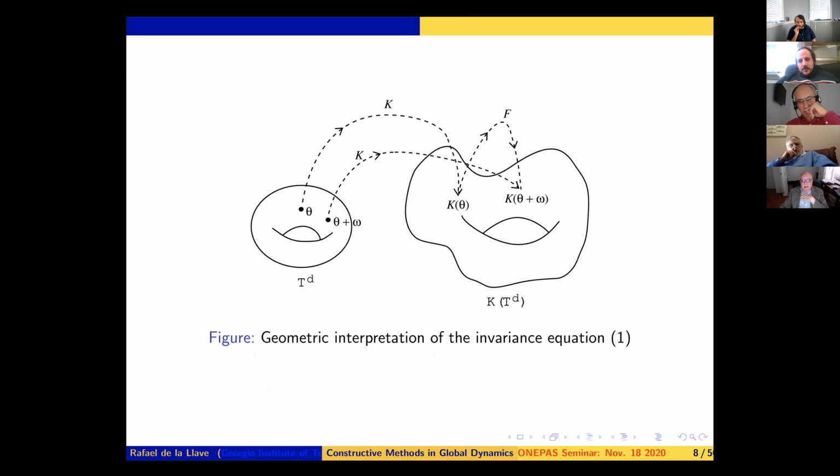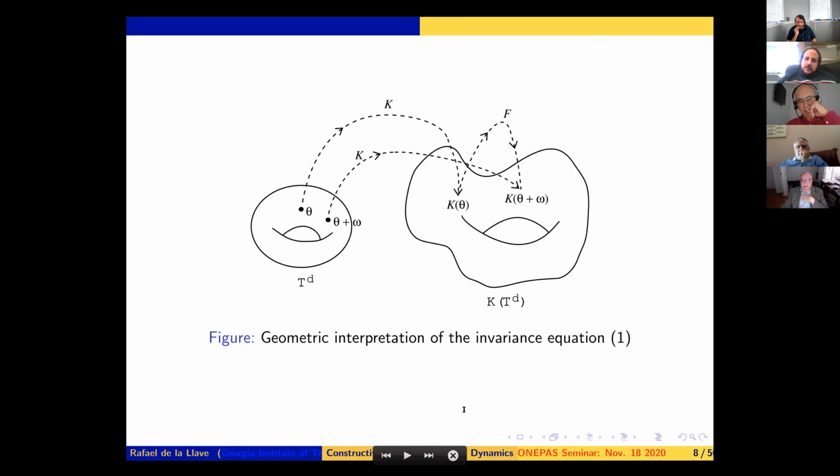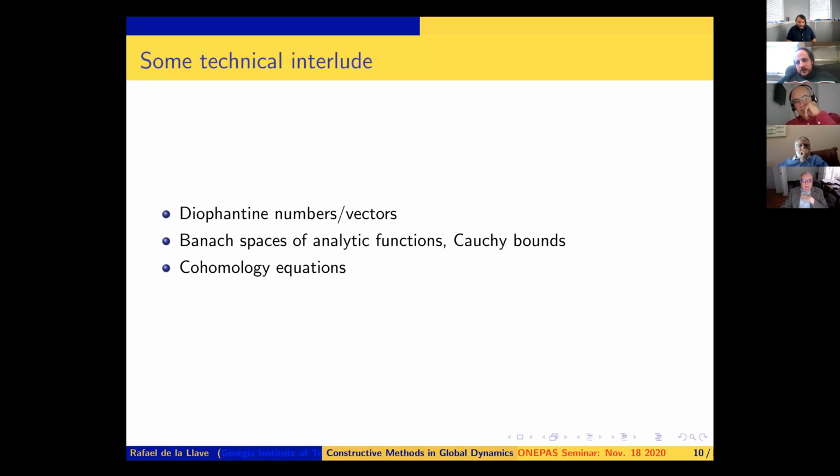But basically, if you have a point in the range of K, then you hit it with f, and you get another point in the range of K, and the origin is basically displaced by omega. And under mild conditions, like omega being irrationally related, which you can assume without any loss of generality, these equations hold if and only if.